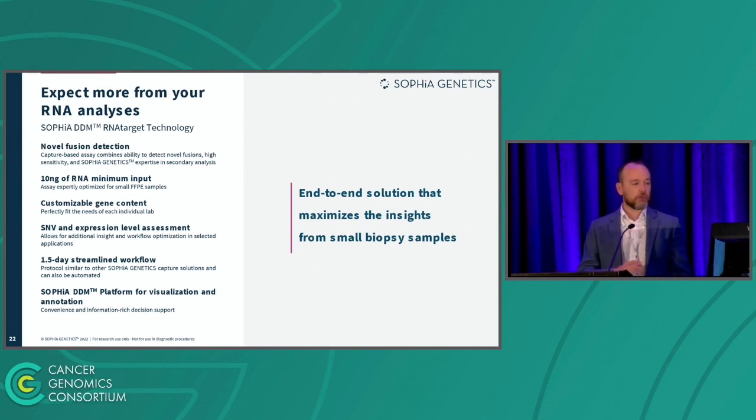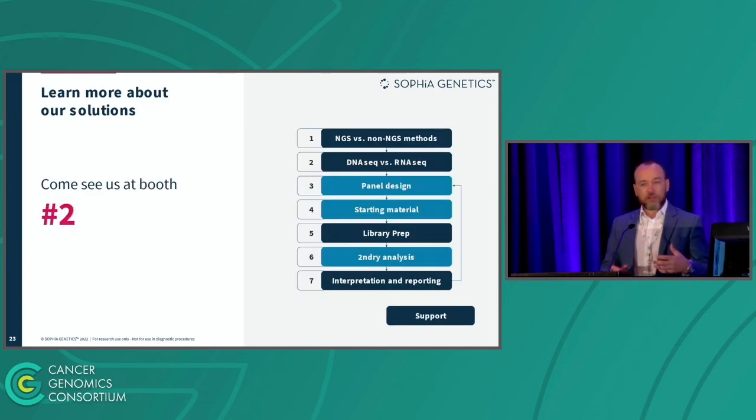In the end, I'm not going to go through all the other benefits of the solution. I just wanted to mention that it's a solution that brings an end-to-end workflow that maximizes the insights from small biopsy samples.